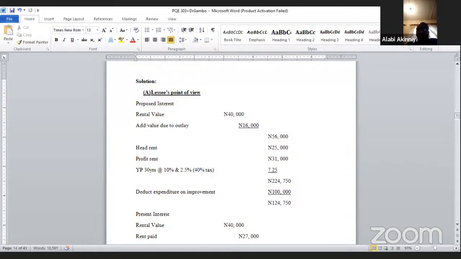If the person, I won't put 10%, but since he's putting 10%, it's okay. Since the freehold yield is 8%, why not make it 9%? But since he's making it 10, it's not an issue, it's not a crime. It's just how you perceive your security. Some people have a high sense of risk. Some are risk averse.